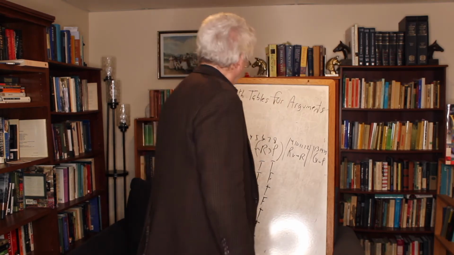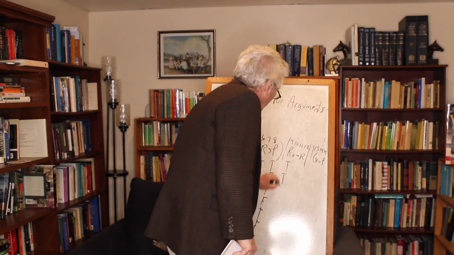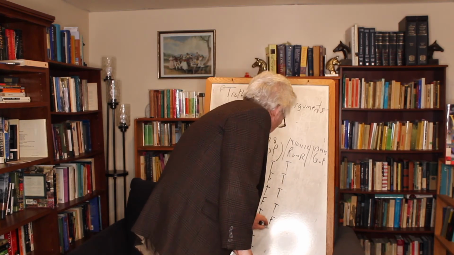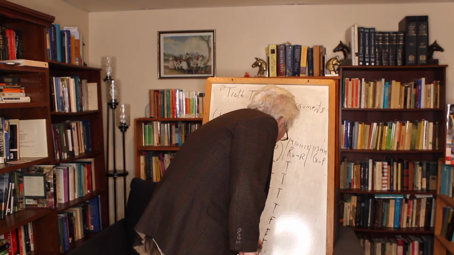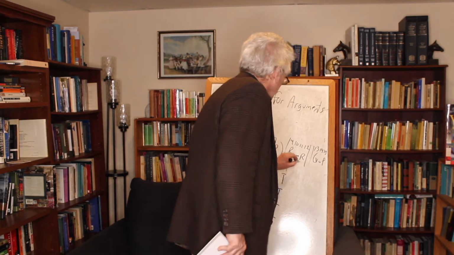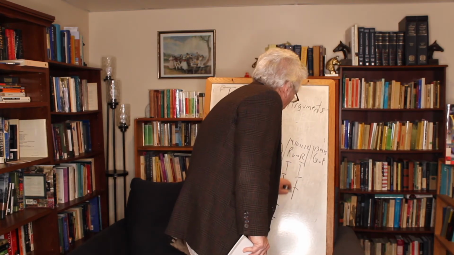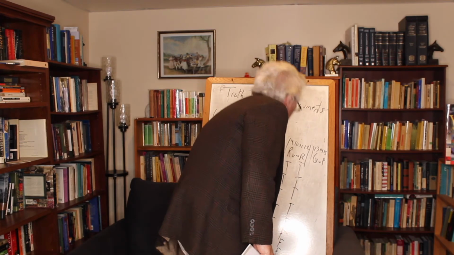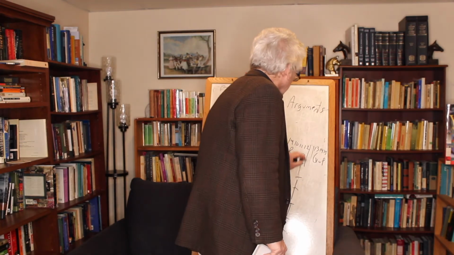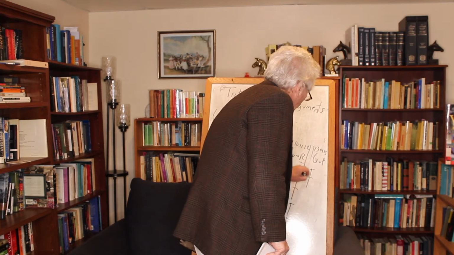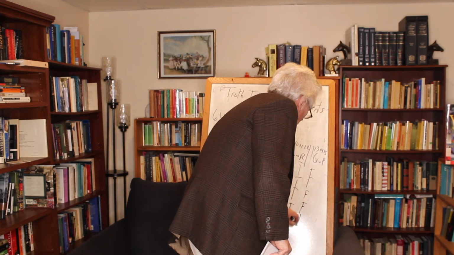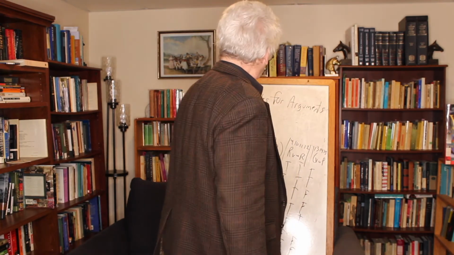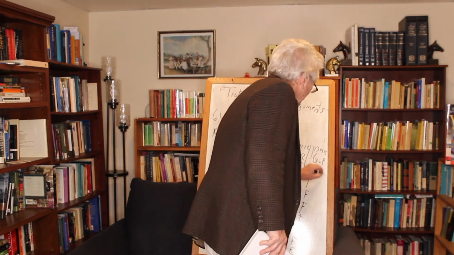R again, so 4 and 4. R again. Q, that's the second letter we saw, so 2 and 2. And then P, the last letter we saw, we alternate.